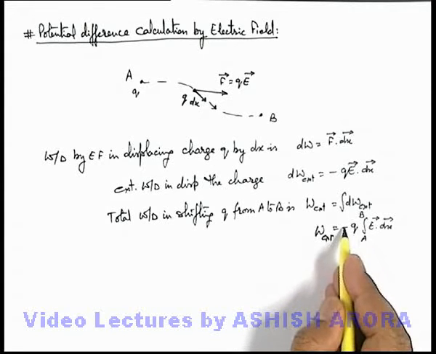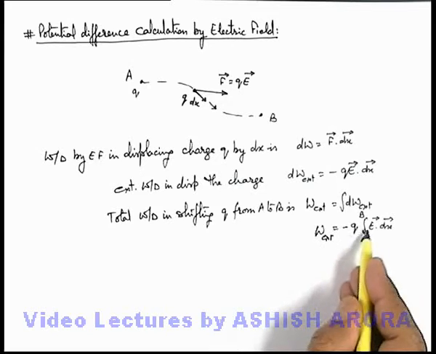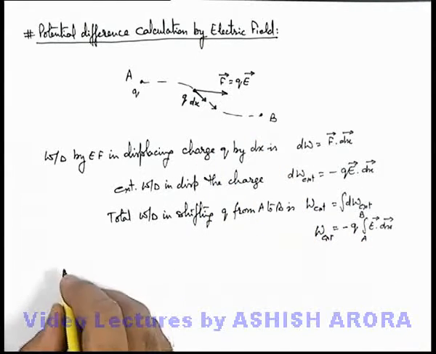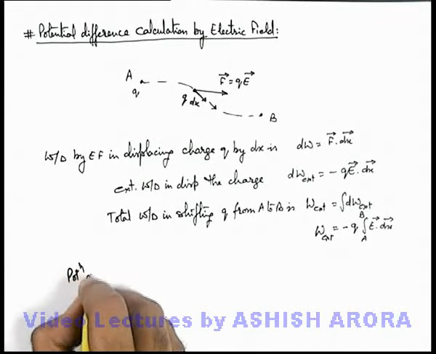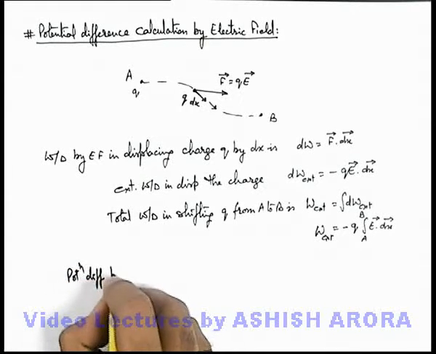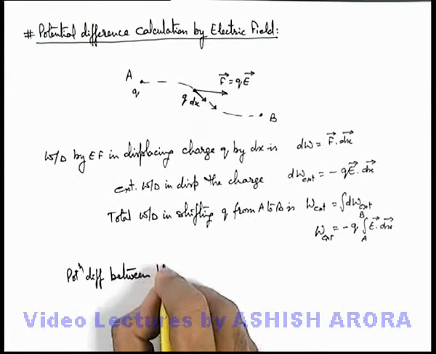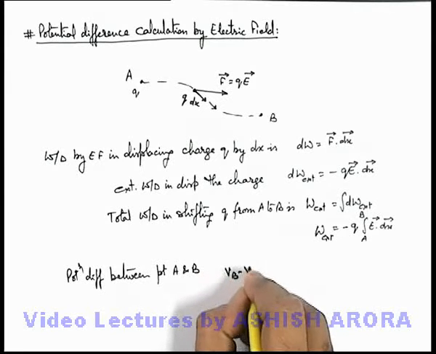Here you can see the negative sign gives us the idea that this is external work done, because Q is the force applied by electric field onto the charge. Now in this situation we know that potential difference between point A and B we can write as VB minus VA.